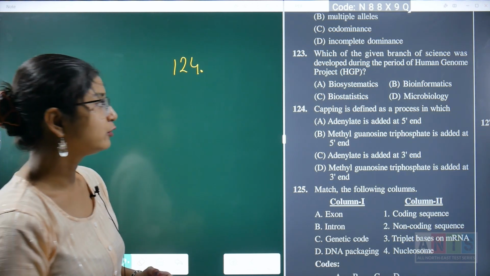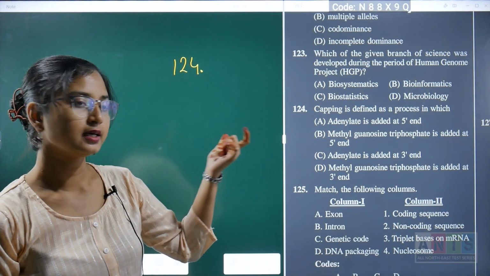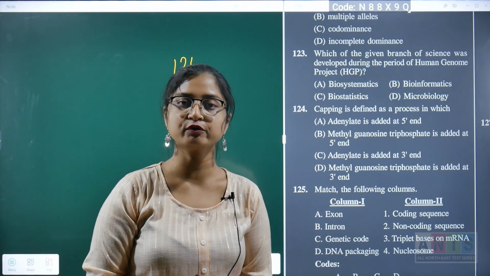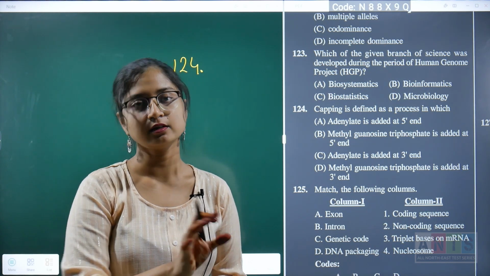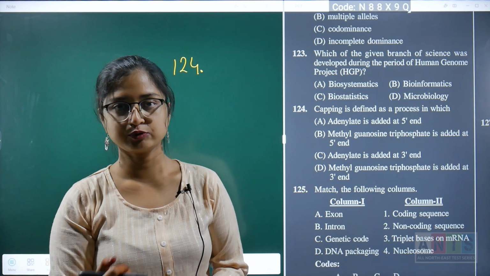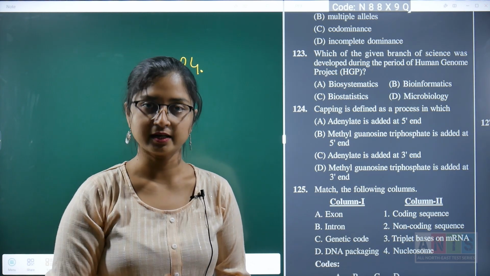Now question number 124, capping is defined as a process in which, so capping is a step which is included under post-transcriptional modifications in eukaryotic transcription. So in case of eukaryotes, after transcription, जो immediately RNA form होता है, that is not the mature mRNA.